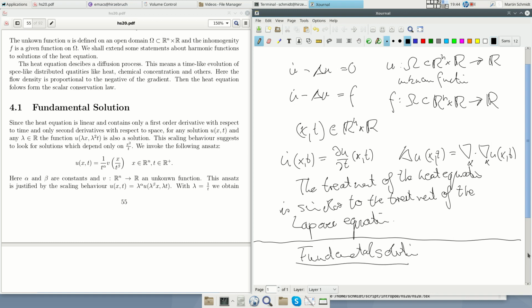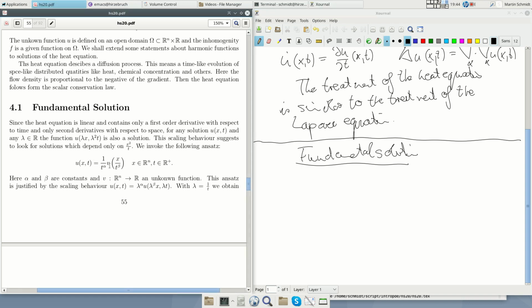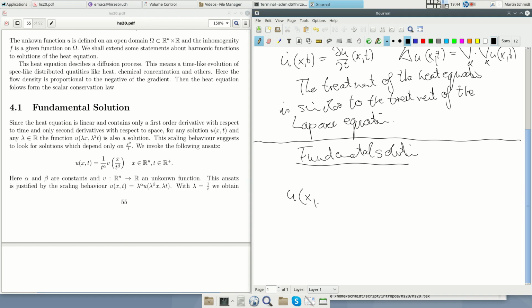Okay, and we make a general ansatz. We make the ansatz that U of x and t should be 1 divided by t to the power alpha, times some function v, which depends only on the combination x divided by t to the power beta, where v is a function.